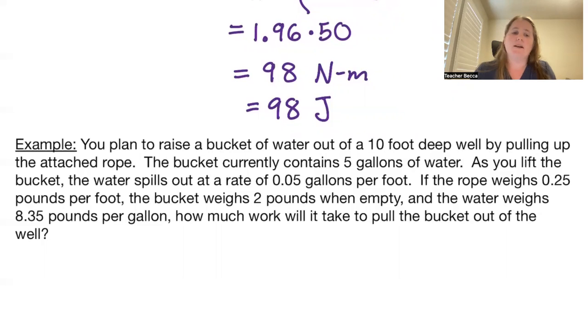As you lift the bucket, the water spills out at a rate of 0.05 gallons per foot. If the rope weighs 0.25 pounds per foot, the bucket weighs 2 pounds when empty, and the water weighs 8.35 pounds per gallon, how much work will it take to pull the bucket out of the well?